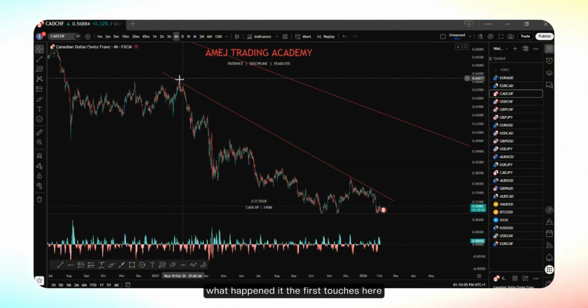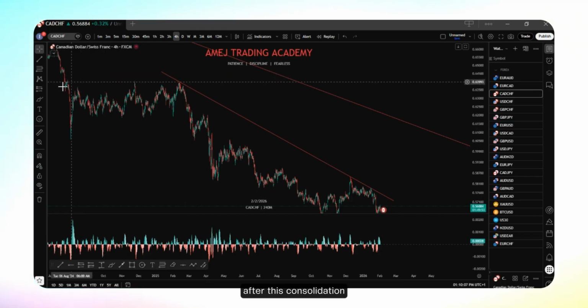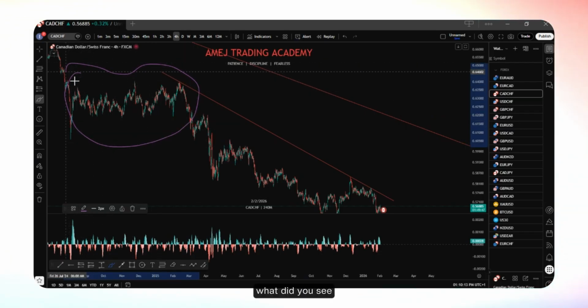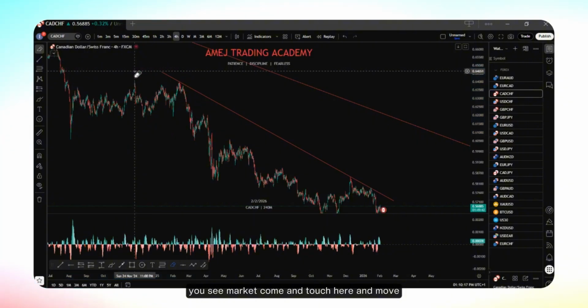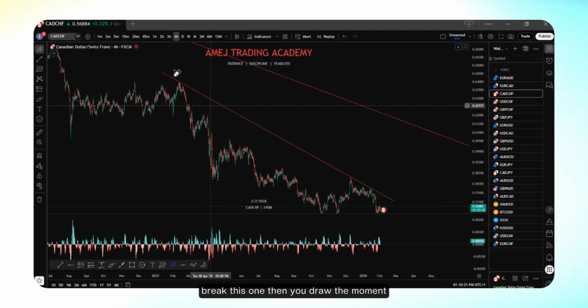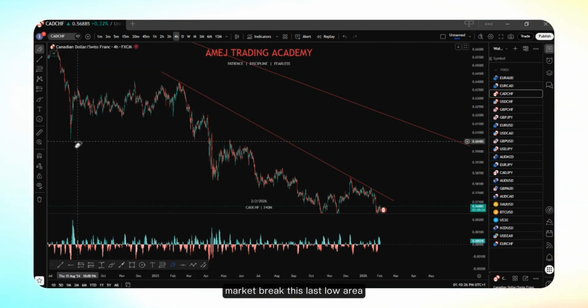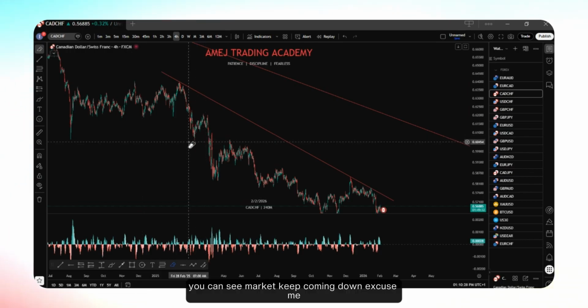What happened? The first touch is here after this consolidation. After this consolidation, what did you see? You see market come and touch here and move, break this one, then draw. The moment market breaks this last one, you can see the market keeps coming down.